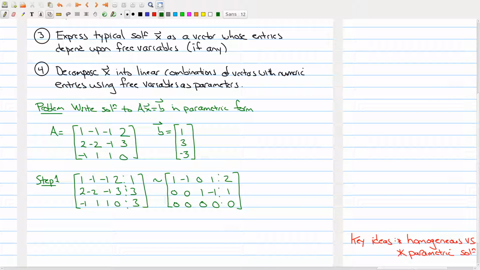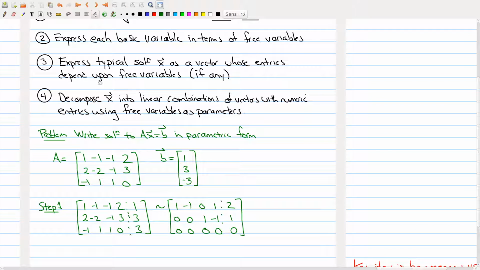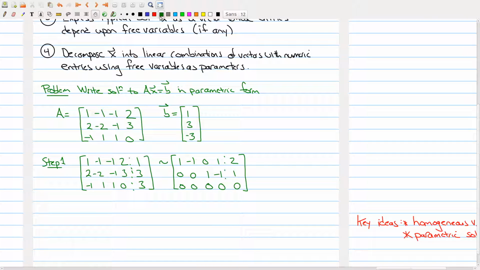Staring at this, you can easily say which variables are basic and which ones are free. So step 2, let me just remind you what step 2 was: express each basic variable in terms of free variables. First of all, we notice that here are my pivots.